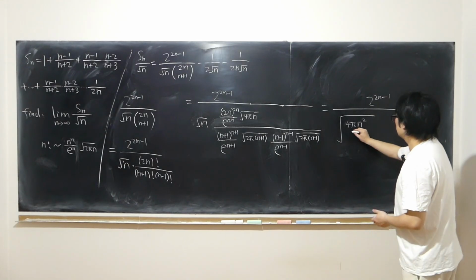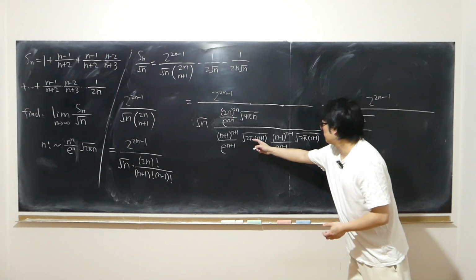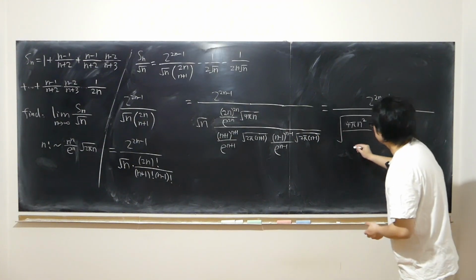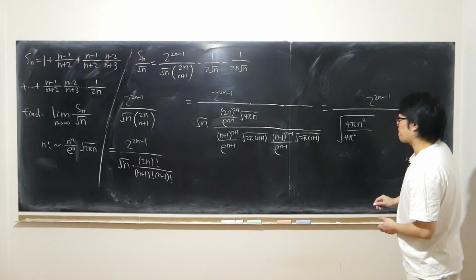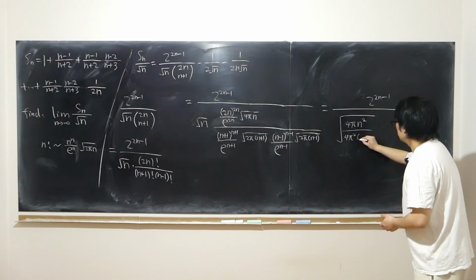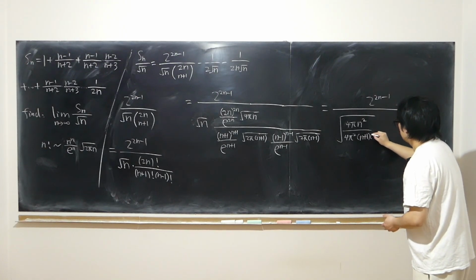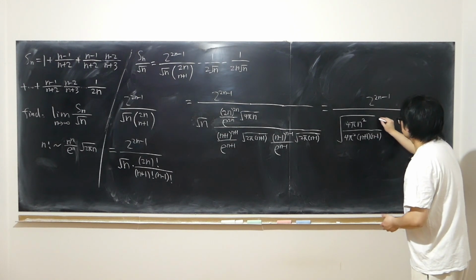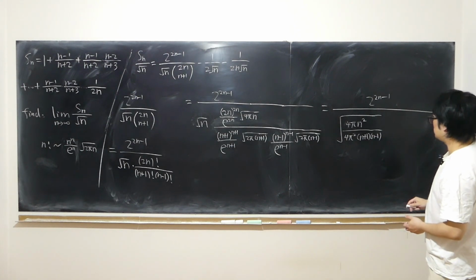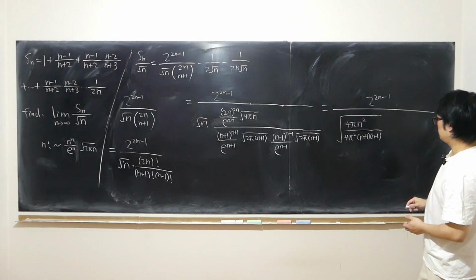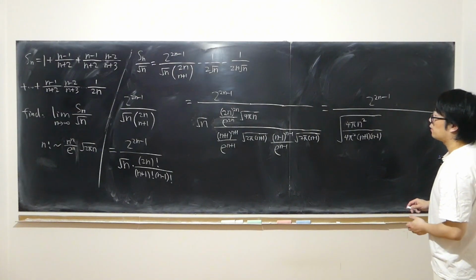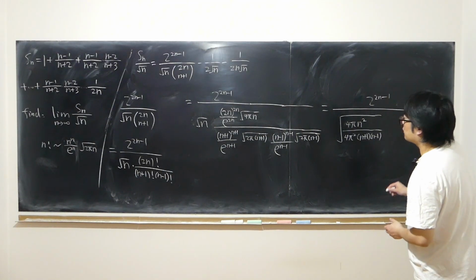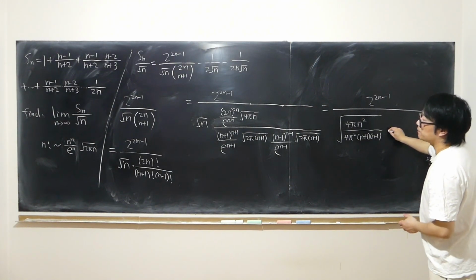Down here, that's 4 pi squared, n plus 1, n minus 1. All right, that's the square root. No more e's. Copy down the rest.